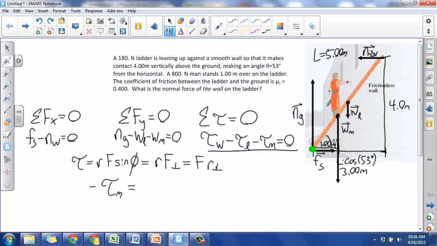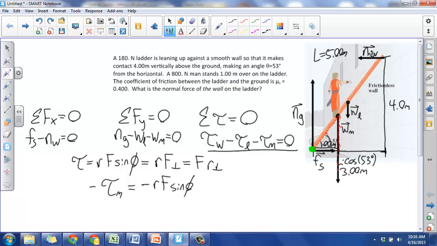Okay, if we were to do this with RF sine phi, this wouldn't be so terrible. What we would do here is we would go, here's our R, starting along here, we get to the force, and then we follow it along.